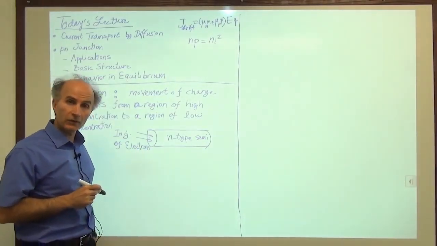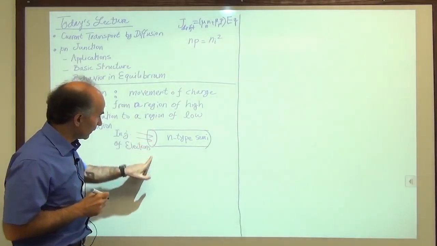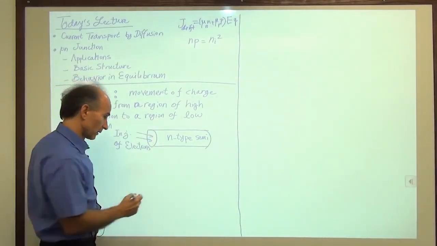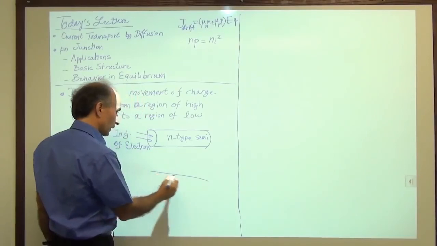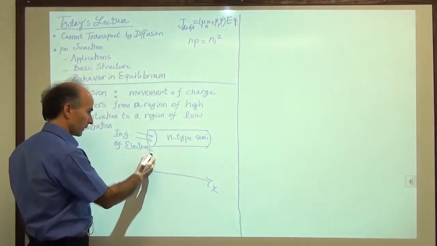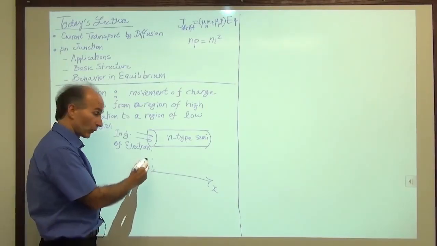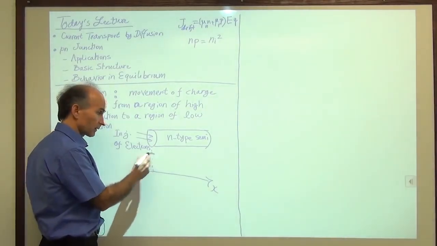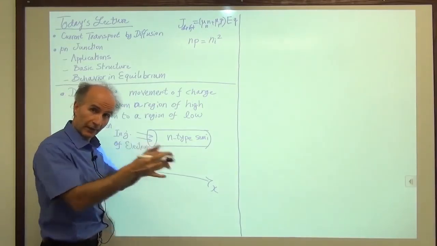So if I inject electrons here, right around here we have a high concentration. So if we plot as a function of distance, starting from here, at this point we have a high concentration of electrons because we're injecting lots of electrons.